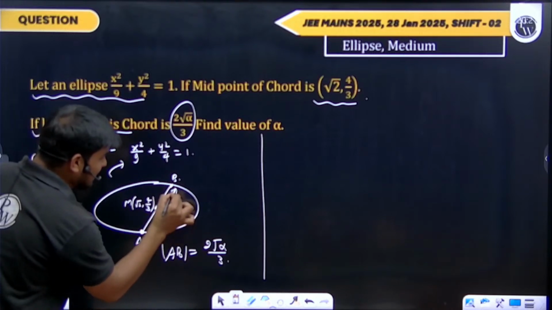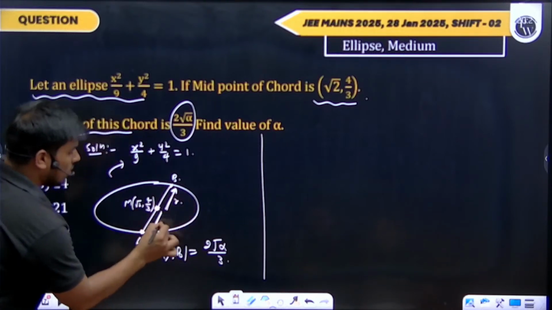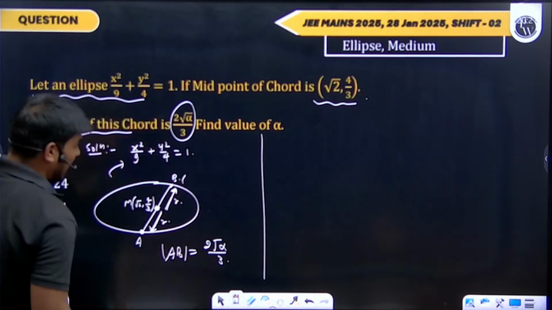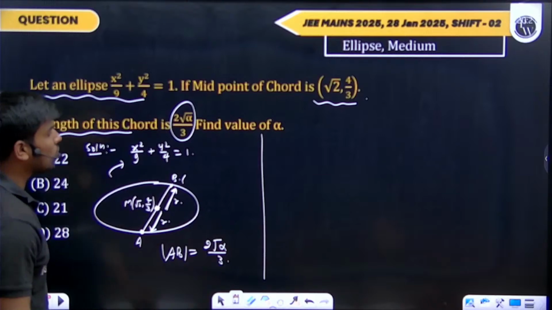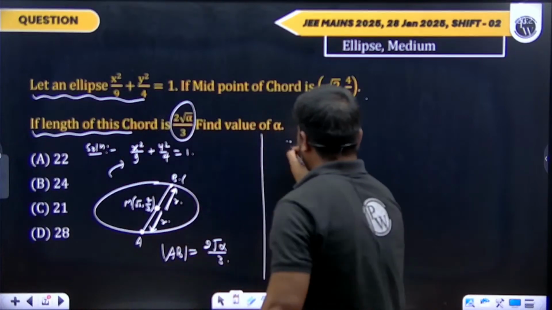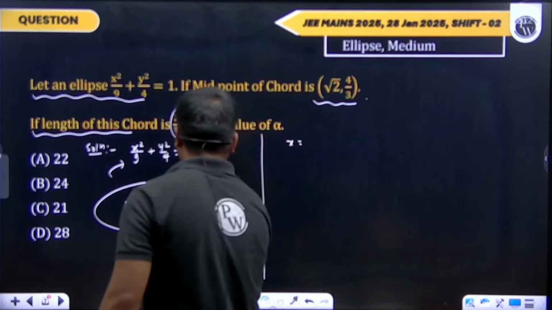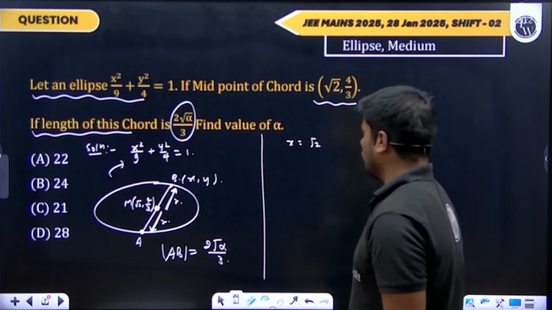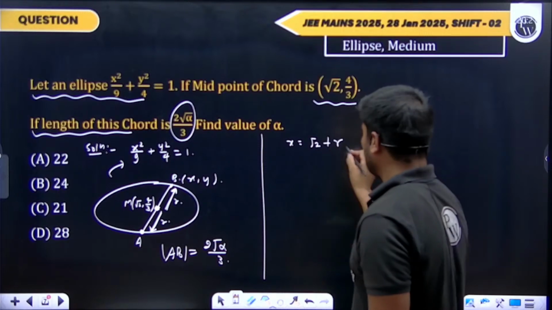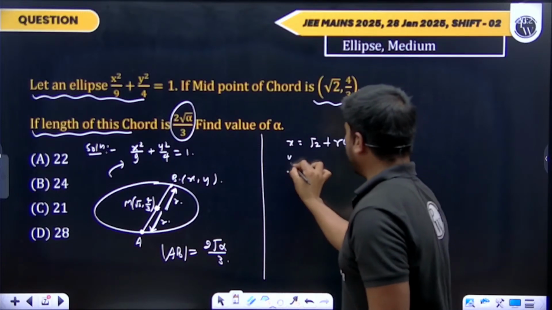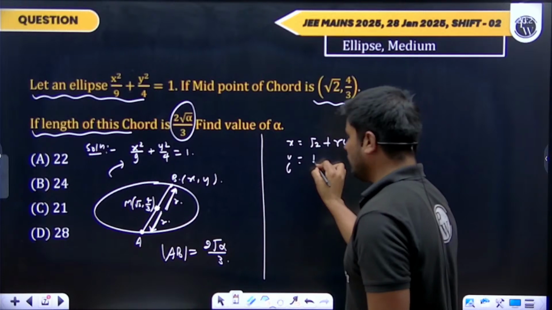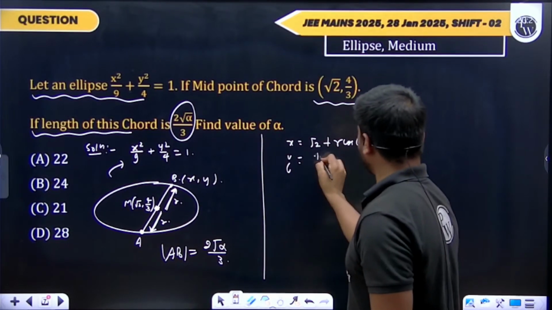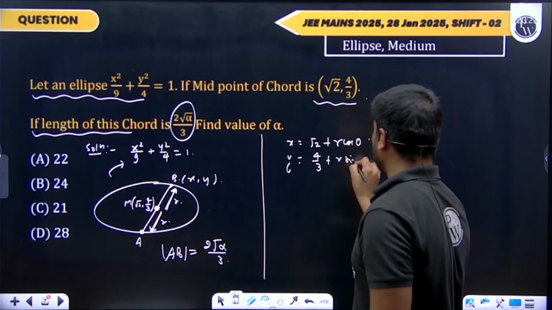So by the parametric form of a line, I can write x as root 2 plus r cos theta, and y as 4 by 3 plus r sin theta.